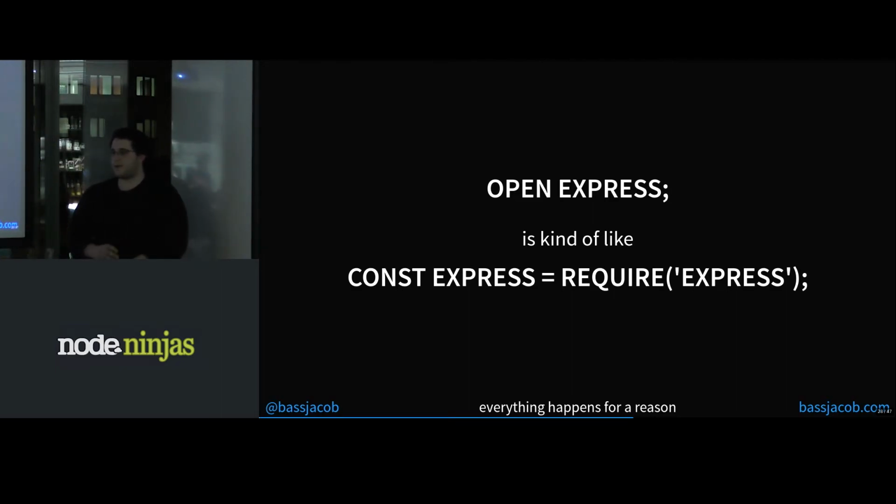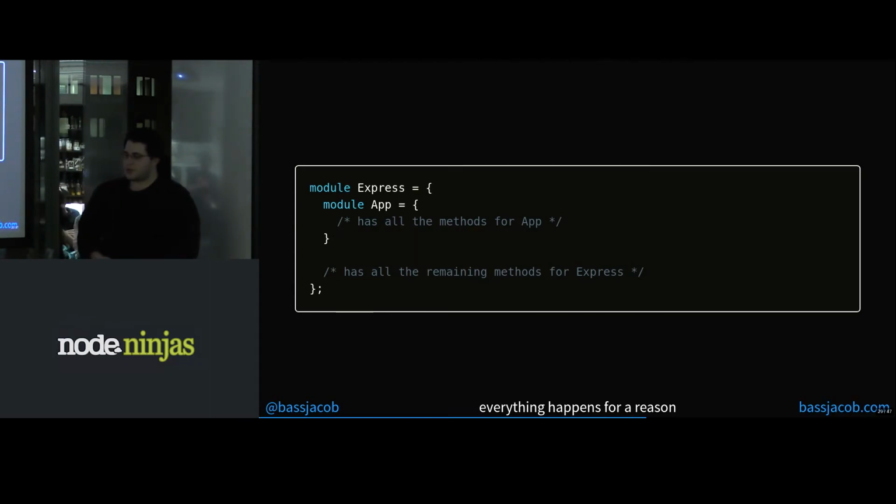But for this program, if we see open variable, we're taking a module that exists somewhere and making all of the methods that exist inside that module available inside the scope that we've opened it. So if we have the module express, and inside that module we have another module app, what we've done by calling open express is we've said inside the scope that I've opened this module, app is now available.